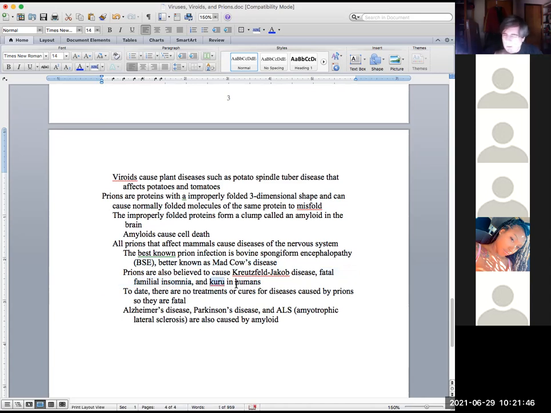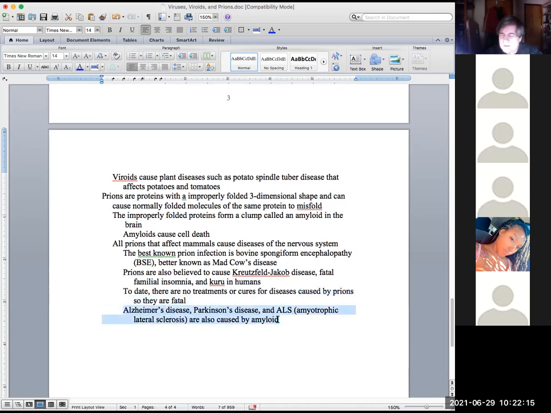So these are all believed to be caused by prions. There are no treatments or cures for diseases caused by prions. So if you get a disease caused by a prion, they seem to be fatal. Now, diseases caused by prions, even though they're fatal when you get them, are very, very rare. They kill maybe 5 people in the world a year, not very many.